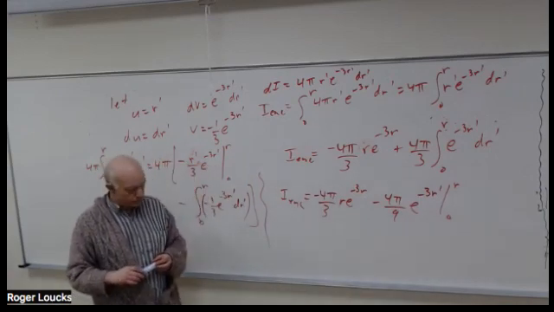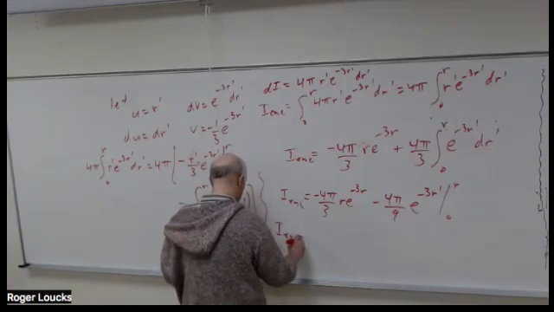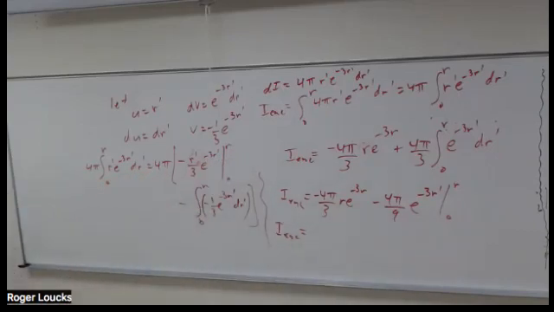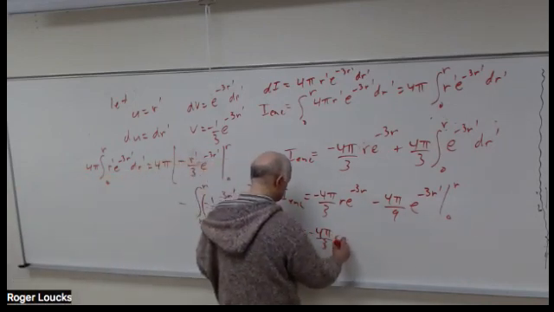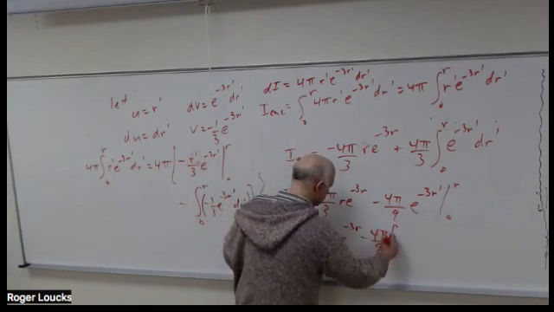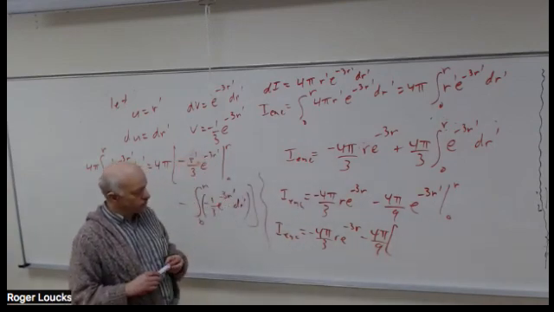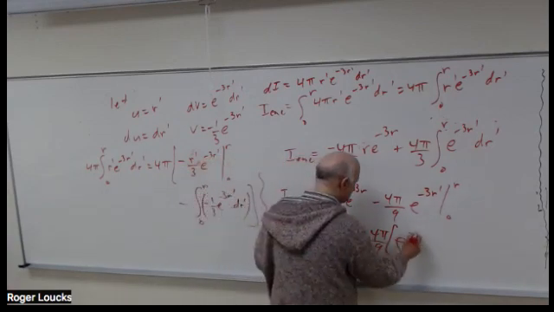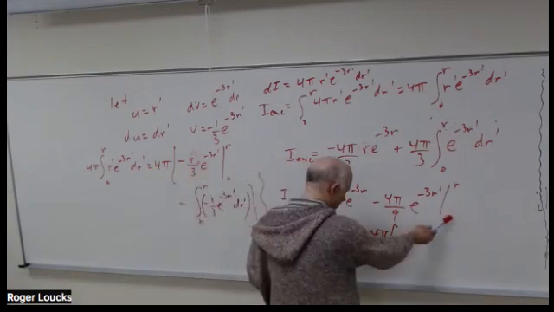That makes sense? So what does this equal? This is minus 4π/9, e to the minus 3r. That's from the lower limit.